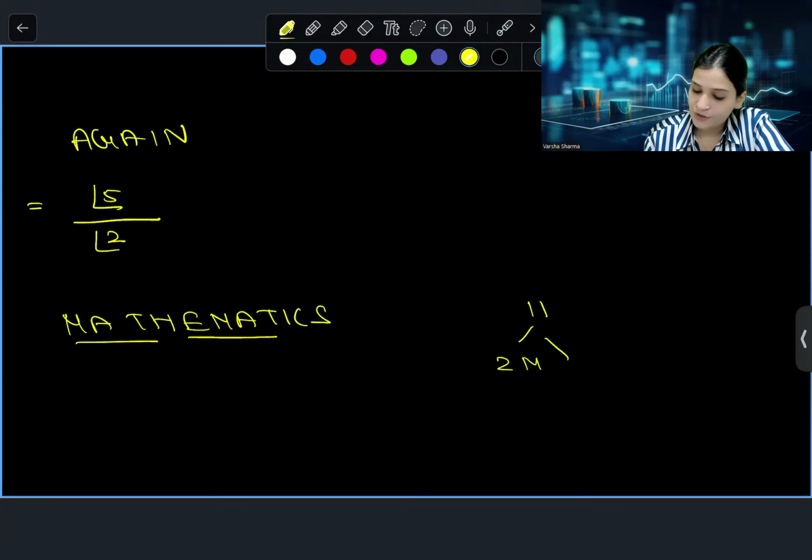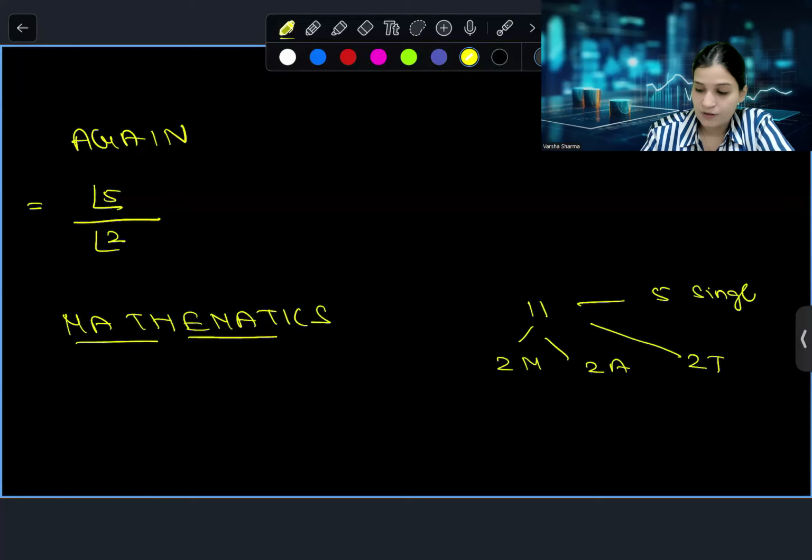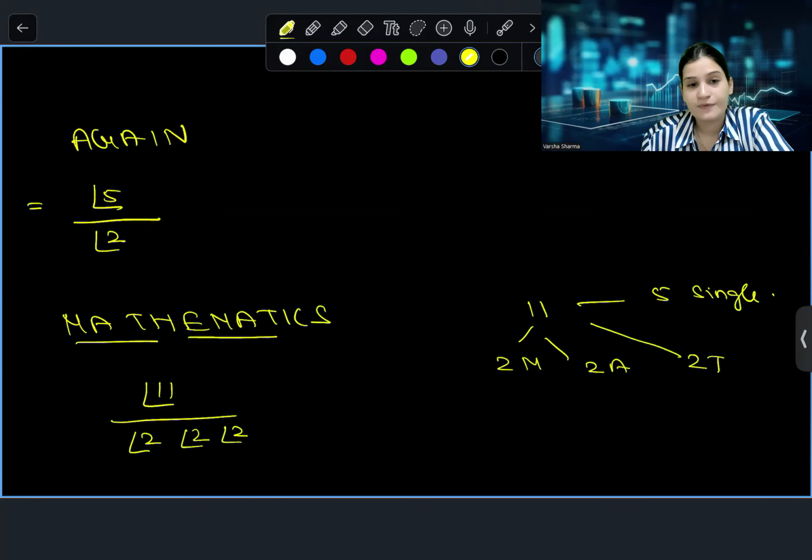There are 2 M's, 2 A's, 2 T's, and there are 5 single letters. So how many words? Factorial 11. For each repetition, divide by factorial. Am I clear? Yes, ma'am.